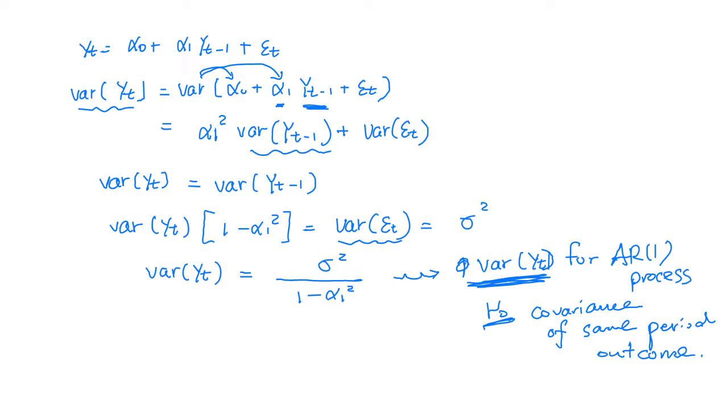The covariance between yt and y(t minus 1), and the covariance between yt and y(t minus 2). Okay, so let's do it. Covariance of yt and y(t minus 1). Okay, by its definition, something like this, right?